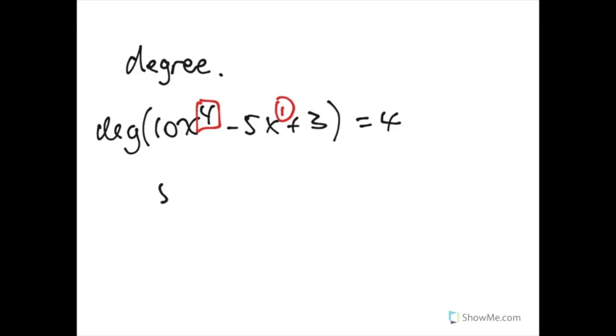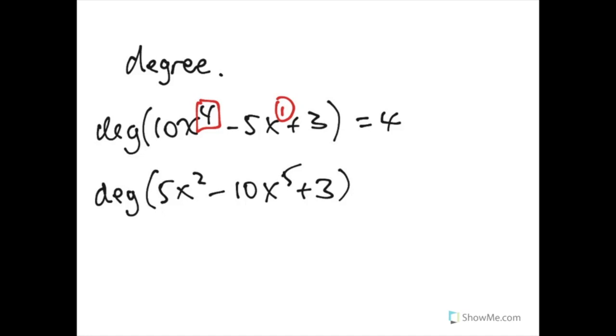For something else like 5x squared minus 10x to the 5 plus 3, note that this one is not noted in decreasing order. We actually see that x to the power of 5 is the highest power of x, and so we have degree of this equal to 5.